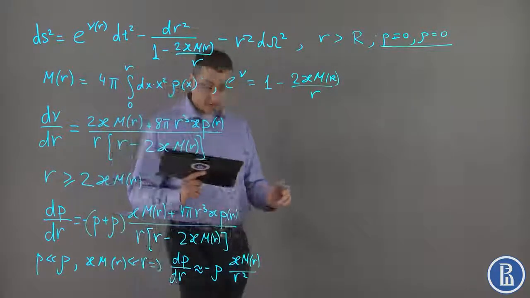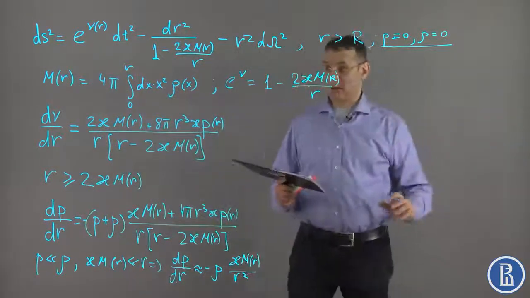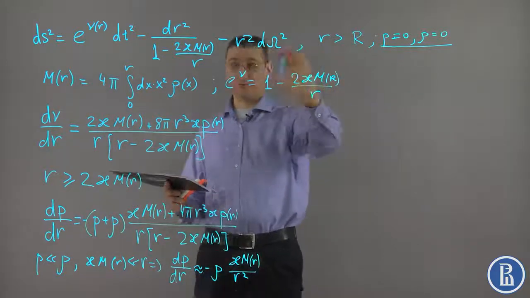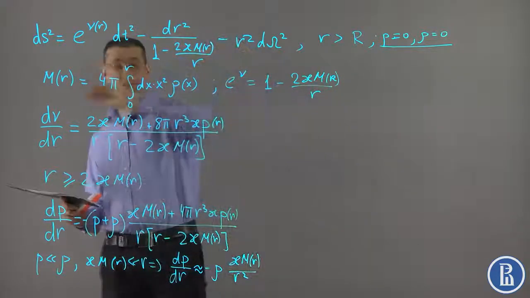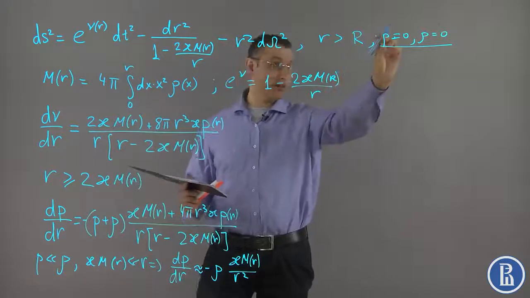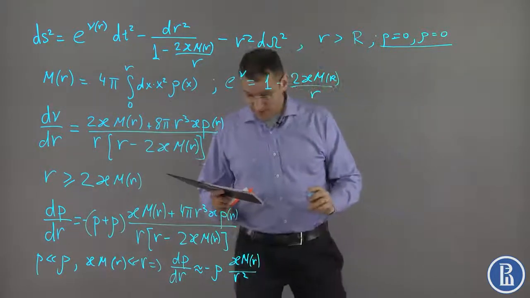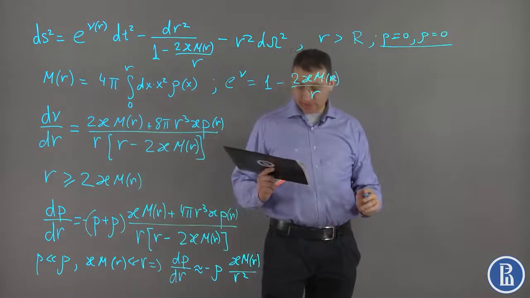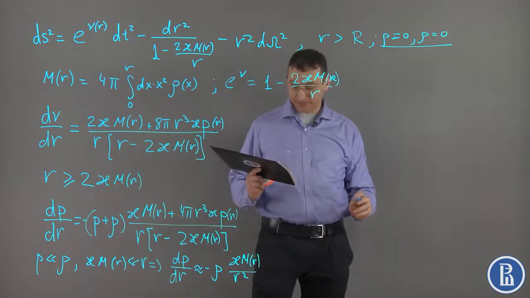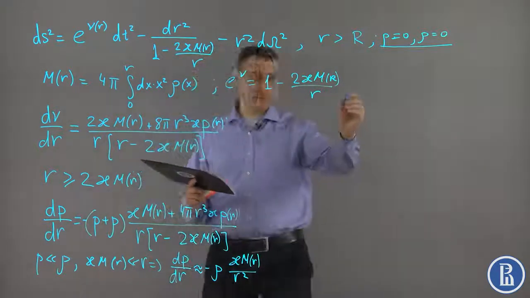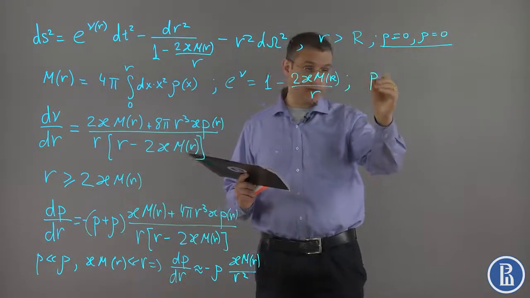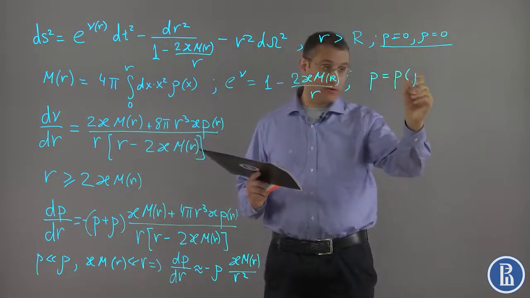So now, the solution becomes different from Schwarzschild only inside the star, as you notice, where the energy momentum tensor is not 0 anymore. To go further, we have to specify the equation of state. So we have to specify the dependence of p on rho.